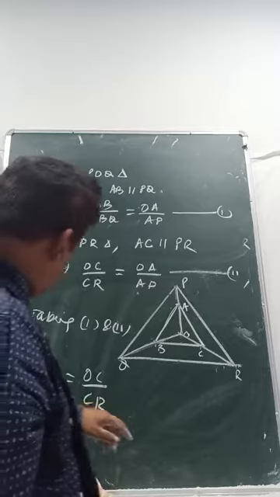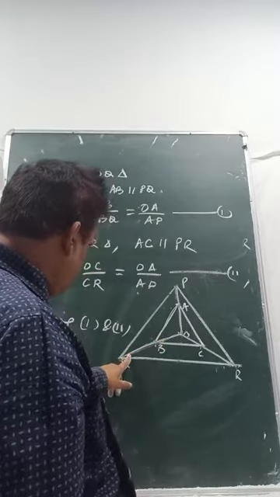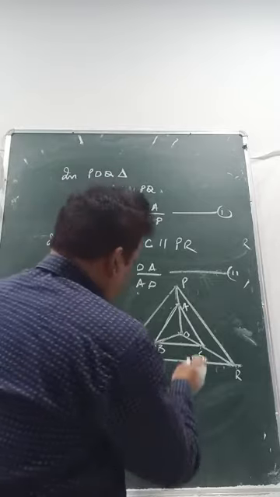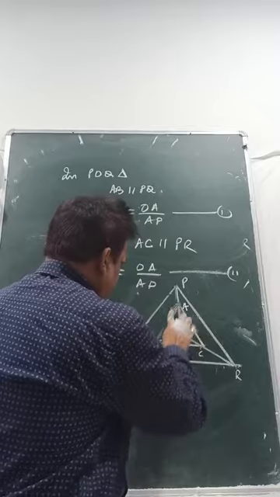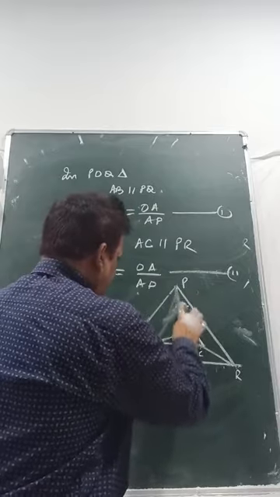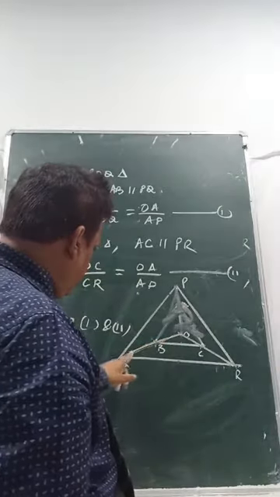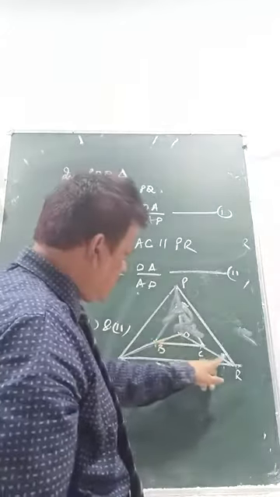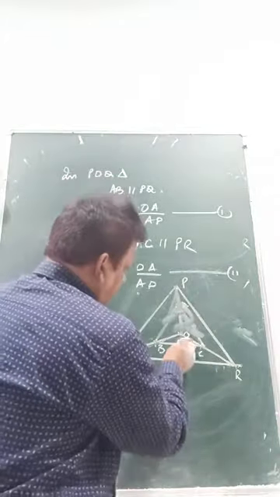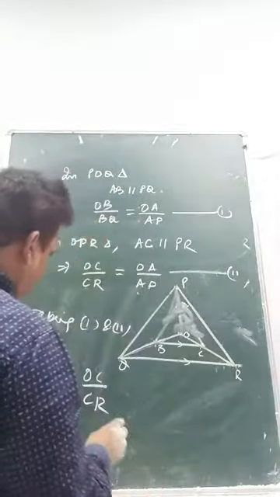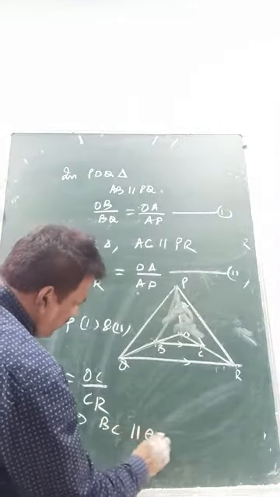Look at here, OB by BQ, OC by CR. That means if I forget this, then it will be easy for you to pick up. So which are parallel? These two are parallel. So this implies BC is parallel to QR.